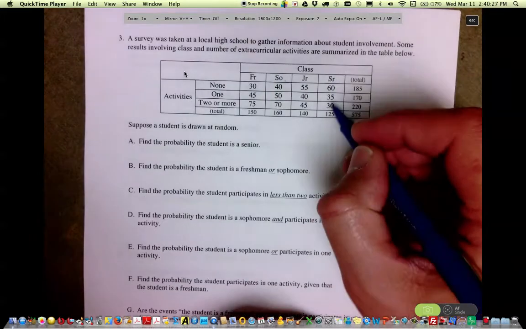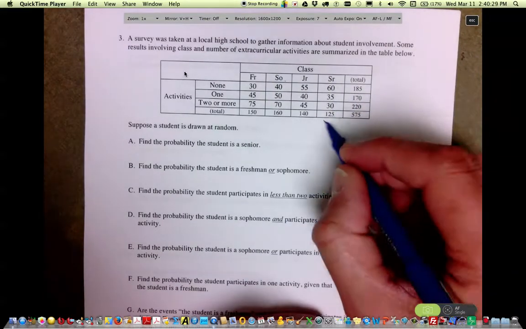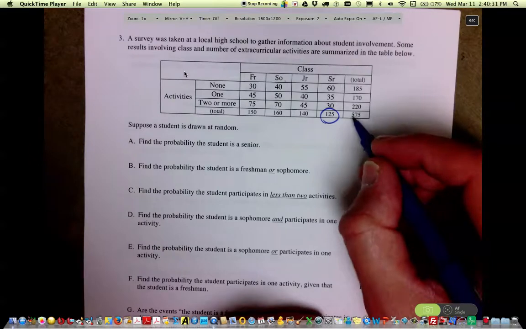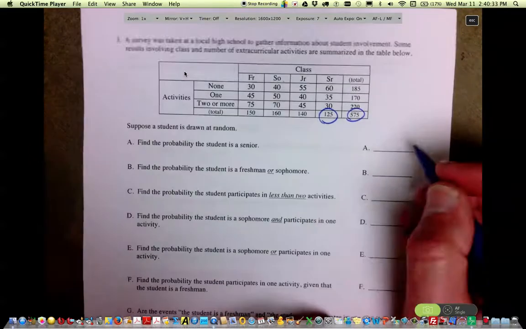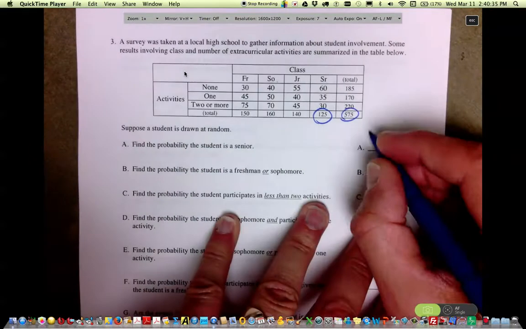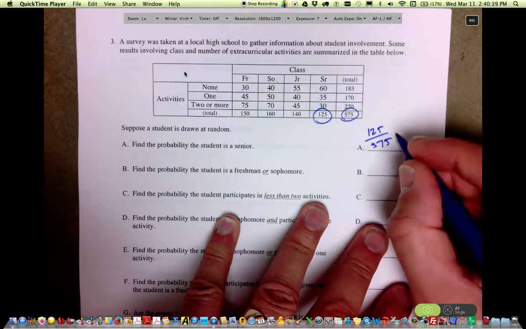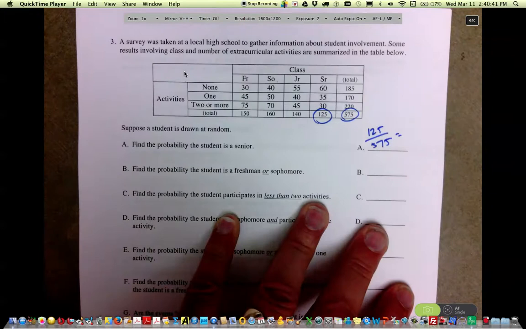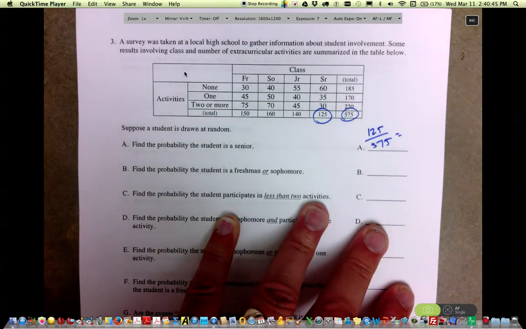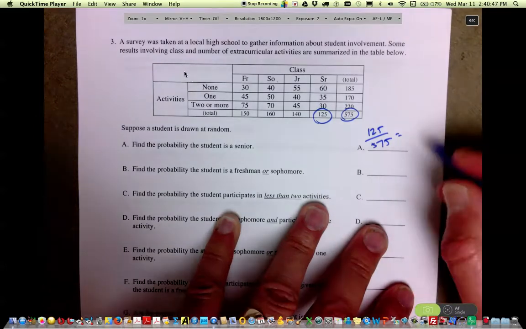All right, well, these are all the seniors up here. There was 125 of them, and there was 575 altogether. So 125 out of 575. And if you want that as a decimal, 125 out of 575, that is about 21.7%.